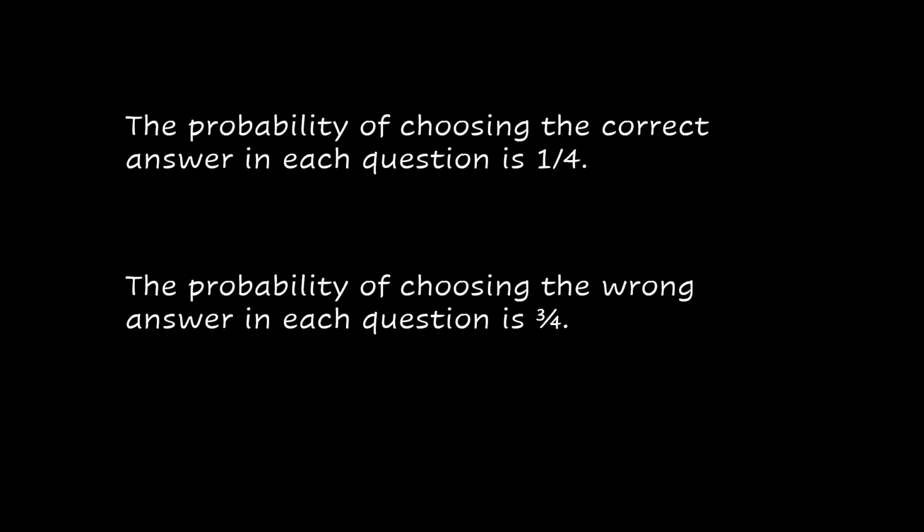Now let us consider the case where you have 0 correct answers, which means that we have a wrong answer to number 1 and we have also a wrong answer in number 2. The probability of getting the wrong answer in number 1 is 3/4, and the probability of being wrong in number 2 is also 3/4. Now also keep in mind that the answer in number 1 is independent of the answer in number 2.